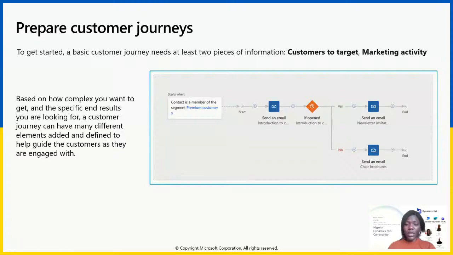We can also define around if a form is submitted, we can update certain records based on what has happened in that user interaction. And then we can branch it out, we can split it, we can have parallel branches, we can have a condition, so many things that we can do in this customer journey scenario.